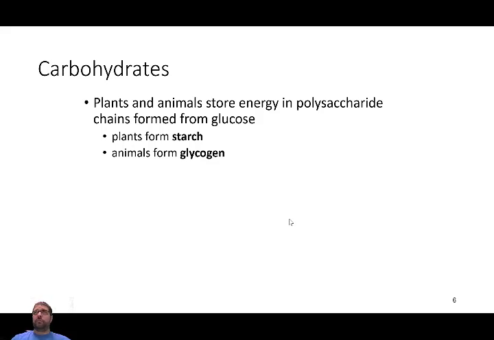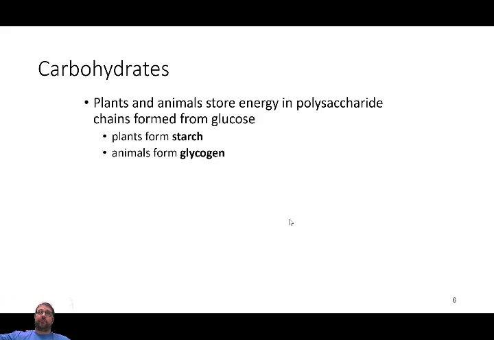Tubers of plants will have a lot of starch. Think about potatoes, which are grown underground. They're heavy in starch because the plant above the ground during the growing season is generating glucose, sending it into the tubers, into the roots, and combining those glucose molecules together to form starch, or long-term energy storage.